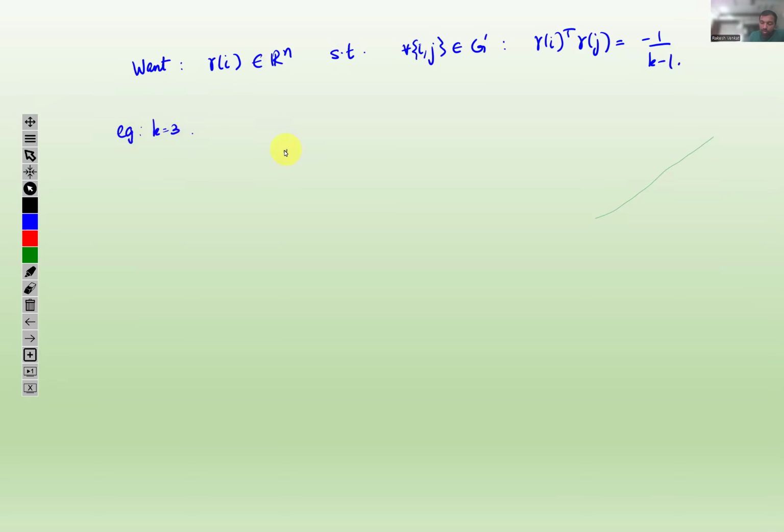For k equal to 3, if I have a 3 colorable graph, you take that 3 coloring, and now I need to assign vectors to vertices. So I'll just assign vectors in the two-dimensional space. The ambient space can be R^n, I don't care, but actually the solution vectors will lie in a two-dimensional subspace, and they will take only one of 3 values.